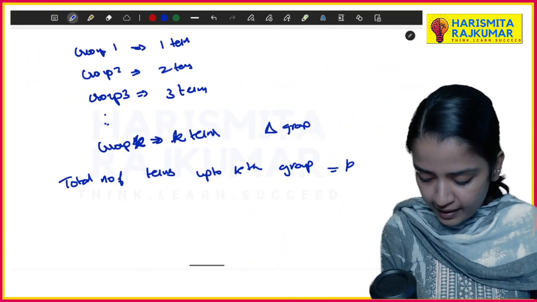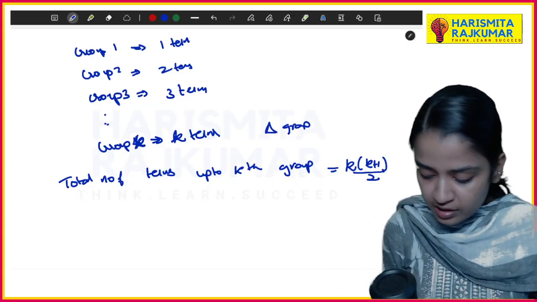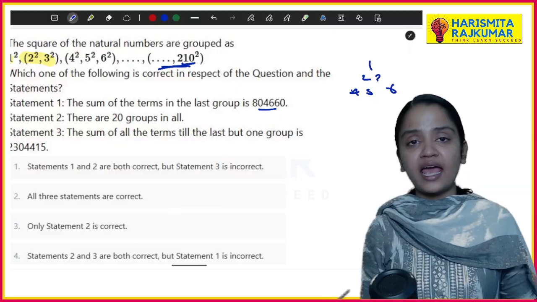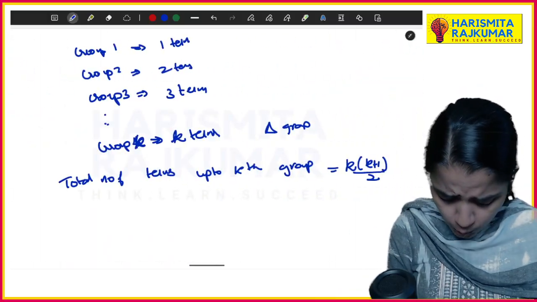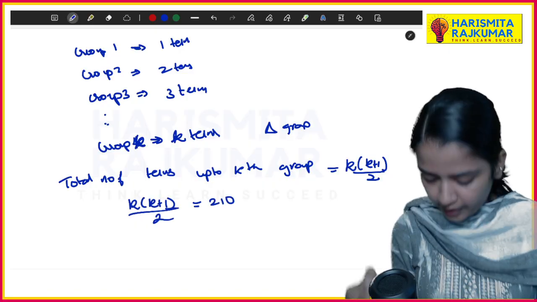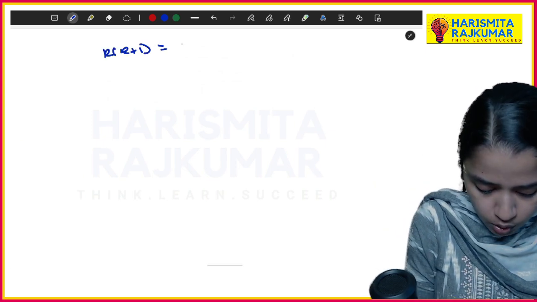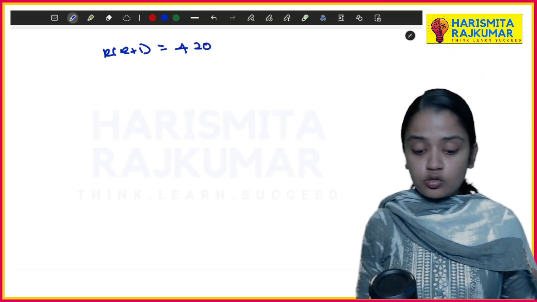So you will have k into k plus 1 by 2 as the total number of terms, which is equal to 210. When I solve this, it will be k into k plus 1 is equal to 420. So I'm just solving this.